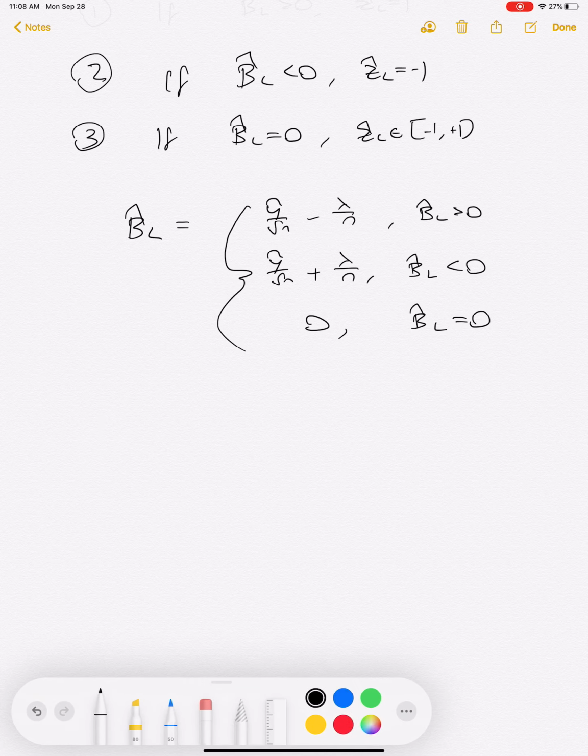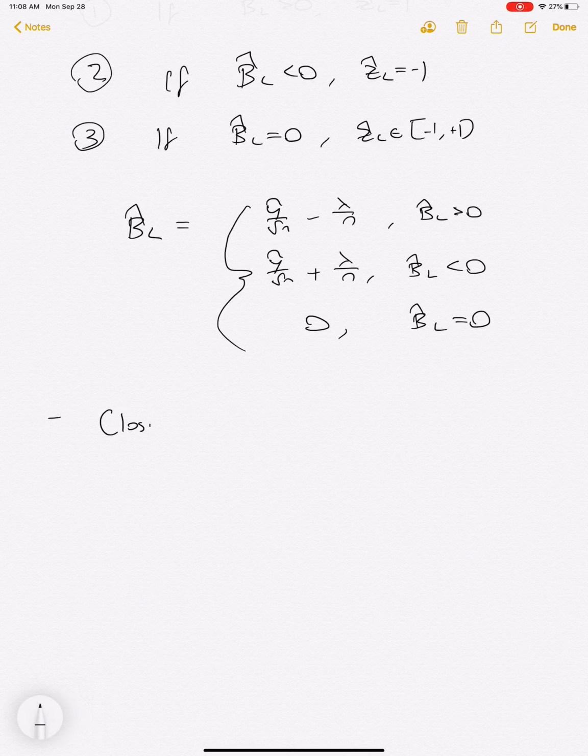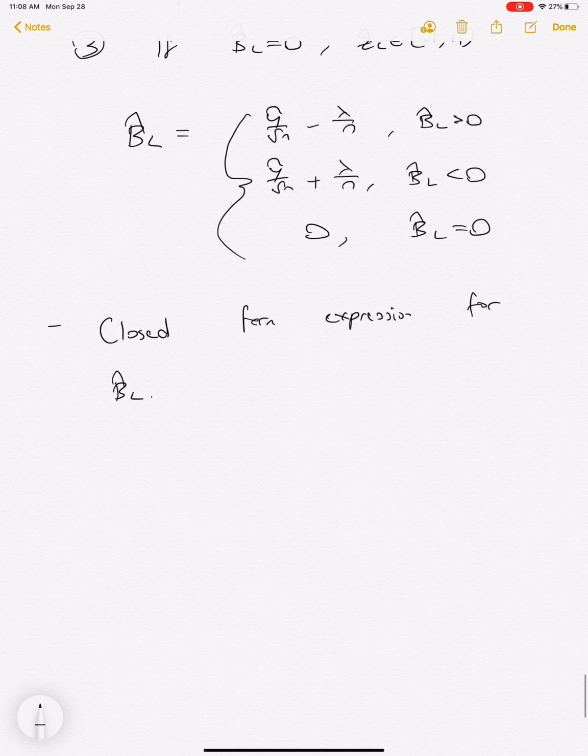This actually gives you now a closed form expression for beta hat L. So if y tilde over square root of n minus lambda over n is bigger than 0, then beta hat L is that value.